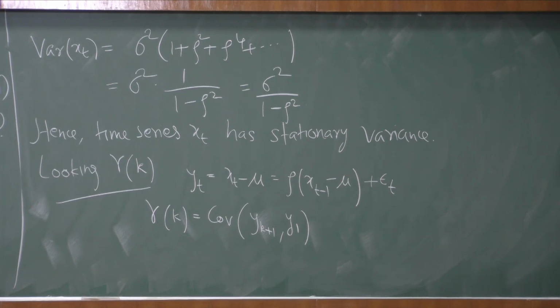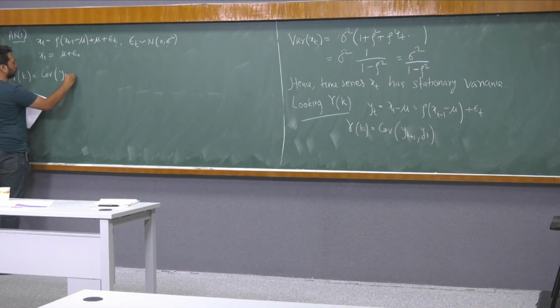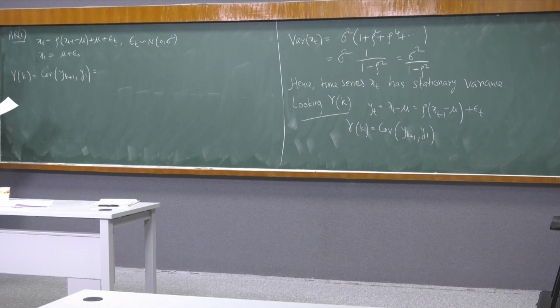We can go ahead and now compute this expression gamma k. So let us compute gamma k. Gamma k is the covariance of y k plus 1 and y1. Now we put the expressions for y.